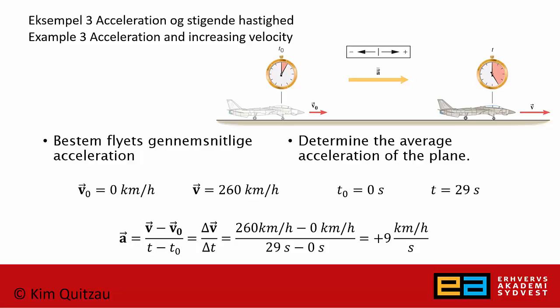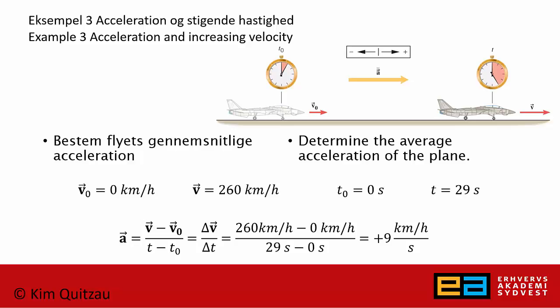So I use the equation from the page before. Here I state that our average acceleration equals our final velocity minus initial velocity divided by final time minus initial time.